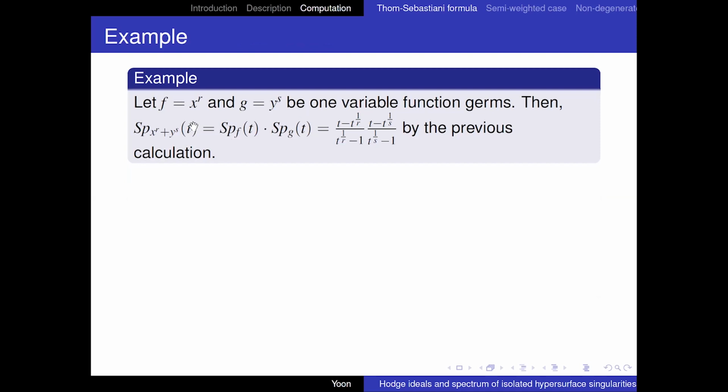Here's an example. If f is x to the r and g is y to the s, then from the previous formula, we just multiply these two fractional power series, which is equal to these fractions.